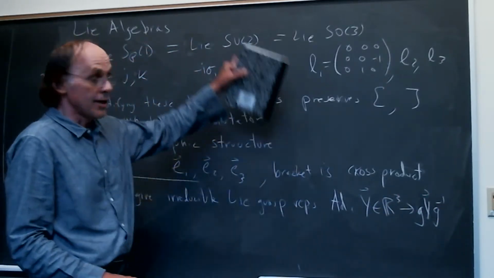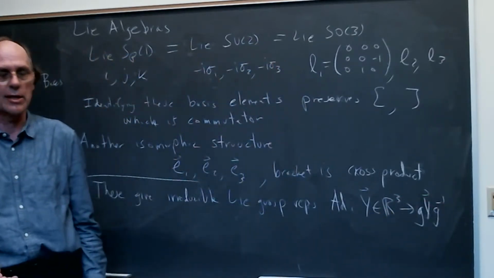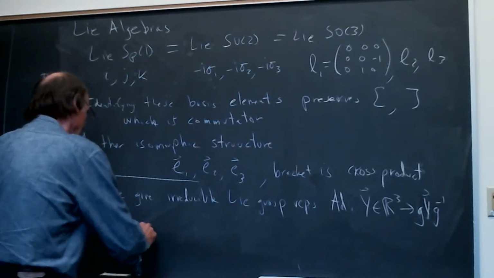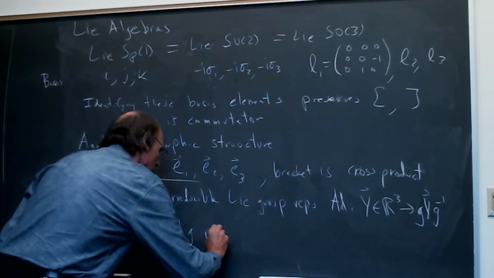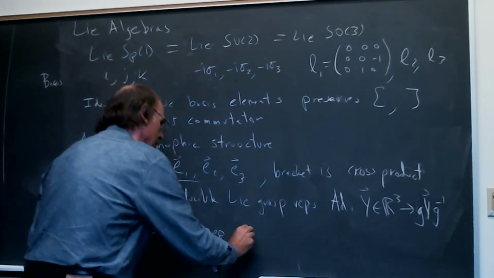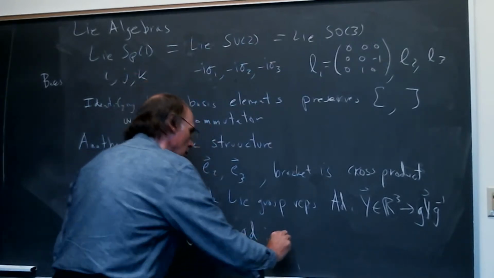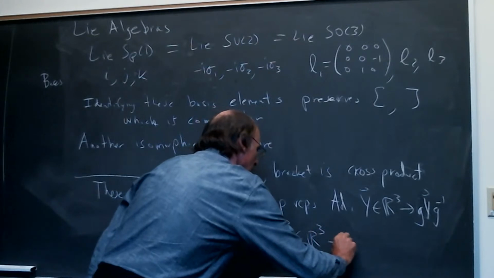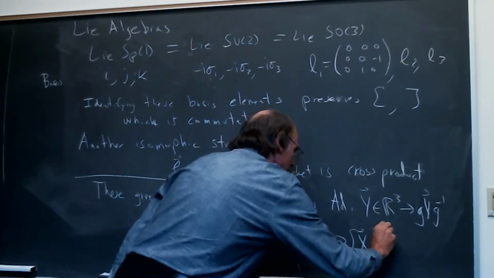Anyway, this makes sense in different ways in any of these pictures with any of these groups, and there is a Lie algebra representation, the algebra rep, so ad, which takes a vector y in o3 to the bracket of x with y.